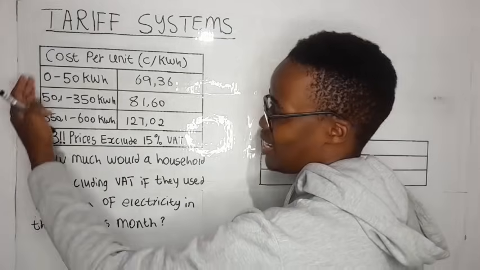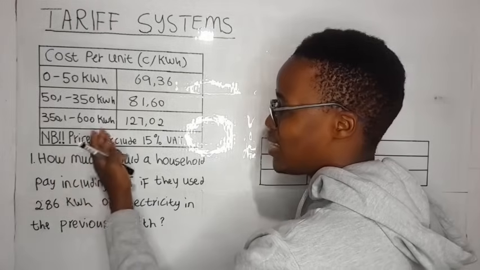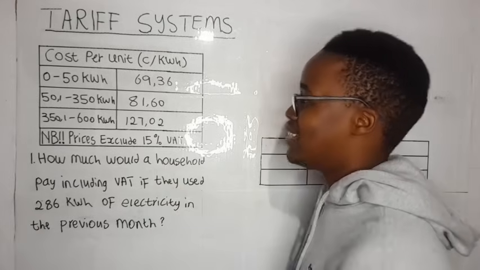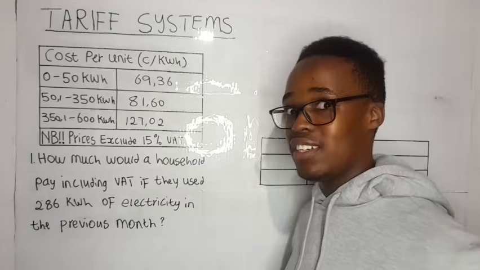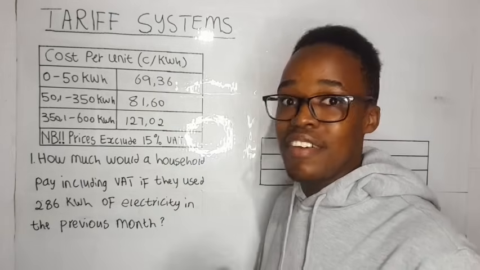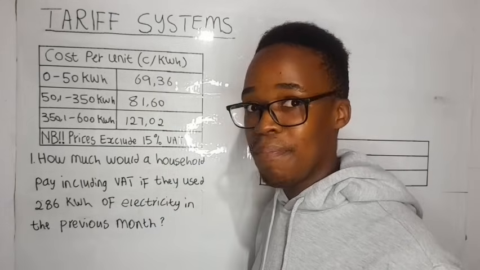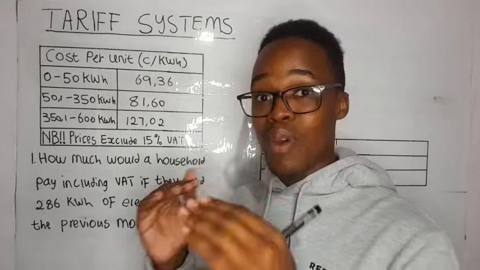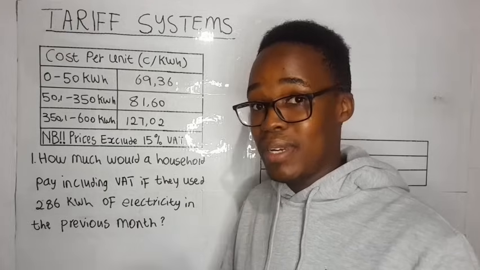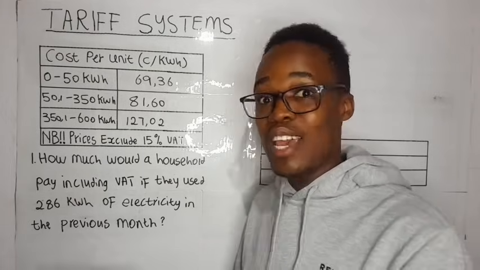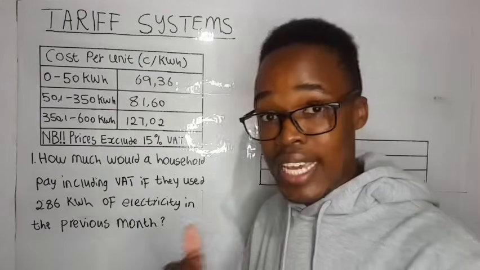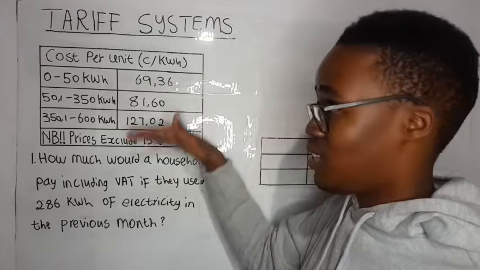It's written NB, prices exclude 15% VAT. This means that the prices we've been given do not have VAT included. So if a question asks you to write the prices including VAT, you have to add 15% to these amounts.